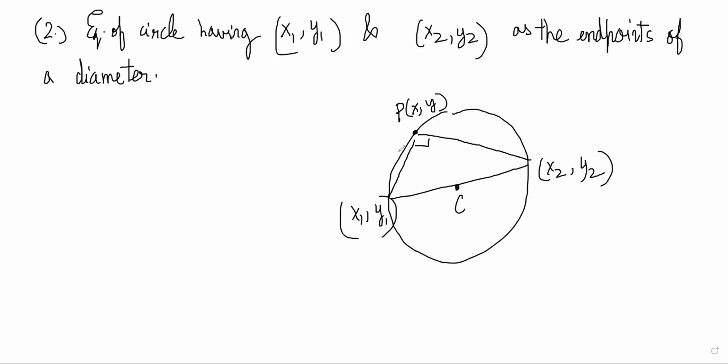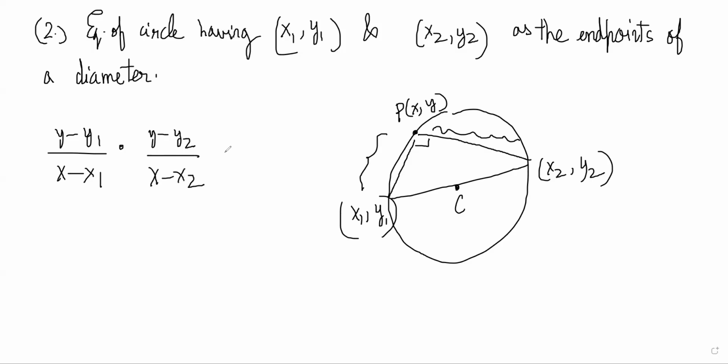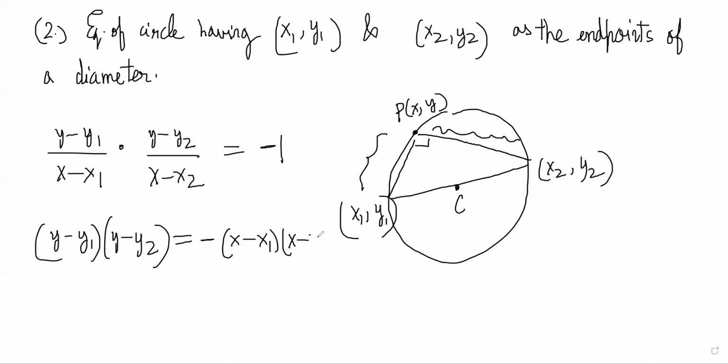Therefore, we can take advantage of that fact by writing that the product of the slopes here should be equal to -1. So we'll get (y minus y1) by (x minus x1) times (y minus y2) by (x minus x2) is equal to -1, right? And now we can rewrite this as (y minus y1)(y minus y2) is equal to minus of (x minus x1)(x minus x2).